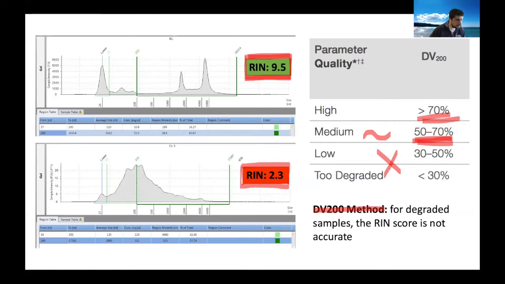Okay. So for example, in this case, the RIN score is 2.3. The percentage of the sample that is above 200 is between 55 and 60%. So it's in the medium range, so you can still prepare the library. The results will not be great, but you can still prepare a library. I'll give you an example.